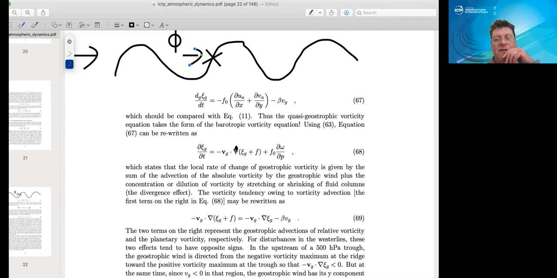But the structure of these terms tells us that this first term here contains many derivatives. There is a relative vorticity here, which is already a Laplacian of this field here. And then there is a derivative of this.